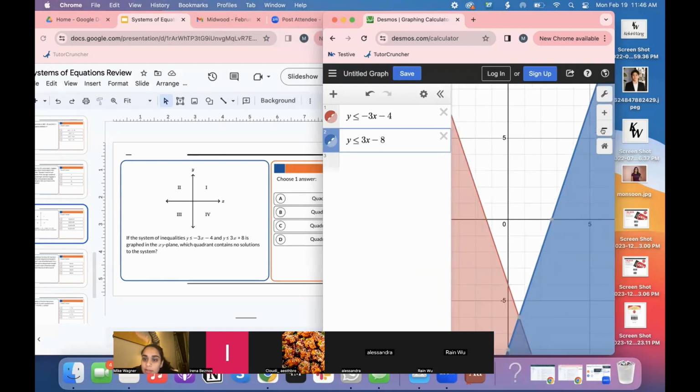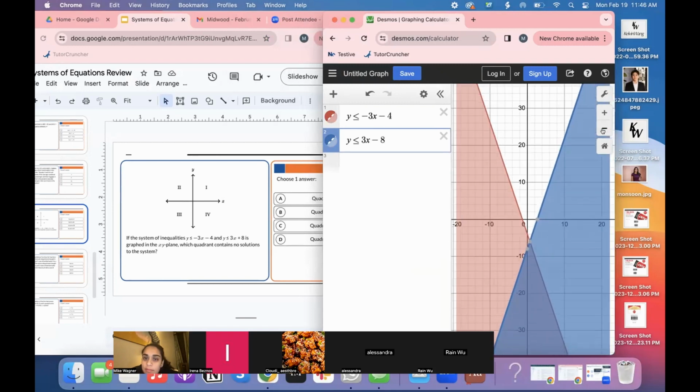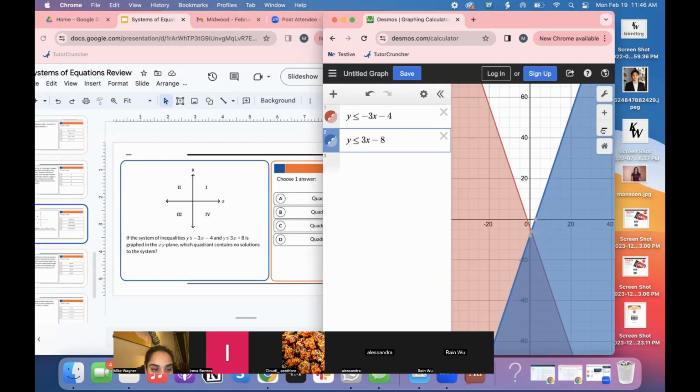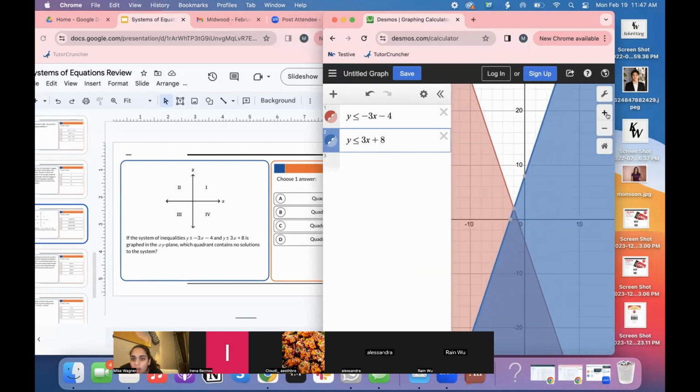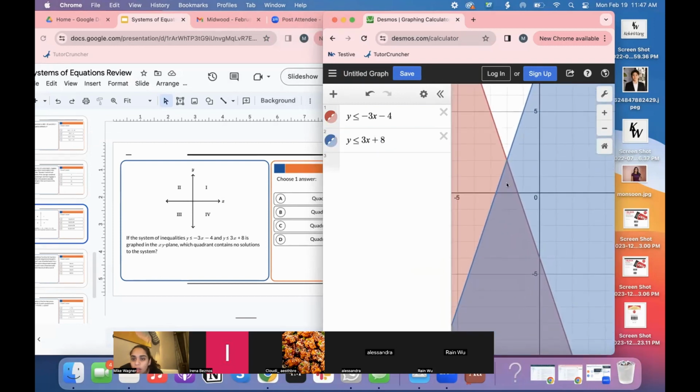plus 8. From here, it's a little bit weird to see, but we're looking for where red and blue overlap, or they don't overlap, to have no solutions.